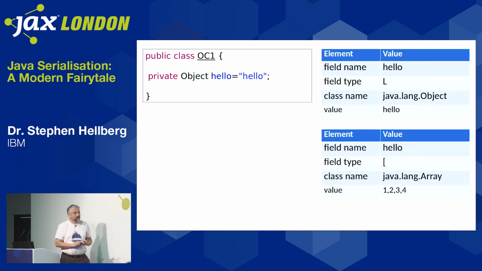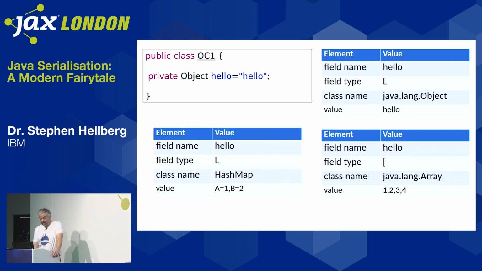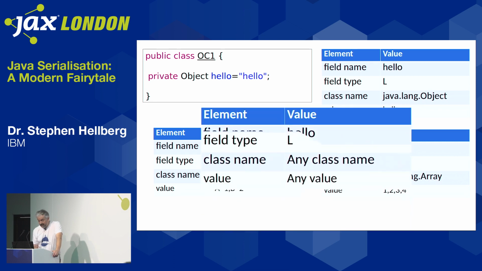But just as I could have sent a string in that payload, I can now send all kinds of other things. I could send an array with some values, or a hash map. They're all objects. They will all be received quite happily into our field hello in that particular object.